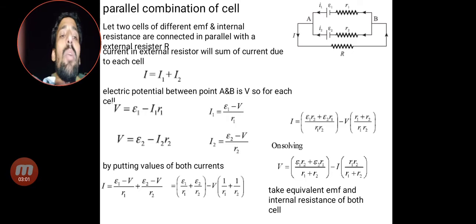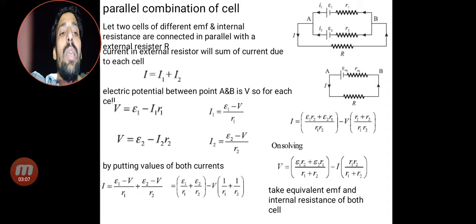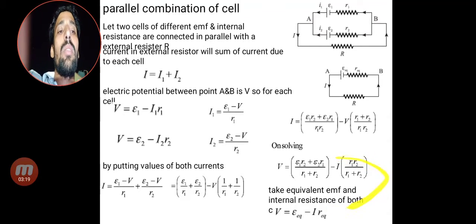Take the equivalent EMF and equivalent internal resistance of both cells as E equivalent and small r equivalent. Then the cell equation is V equals E equivalent minus I r equivalent. If we compare both equations, you will get the equivalent EMF and equivalent internal resistance.